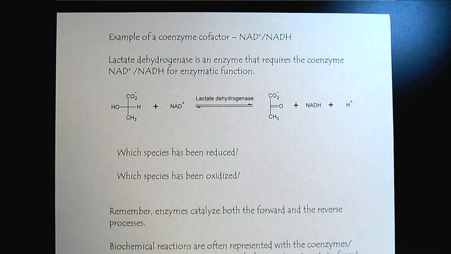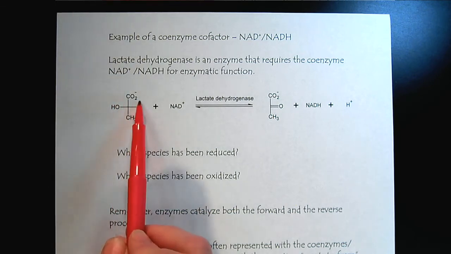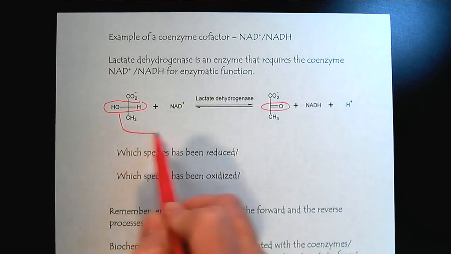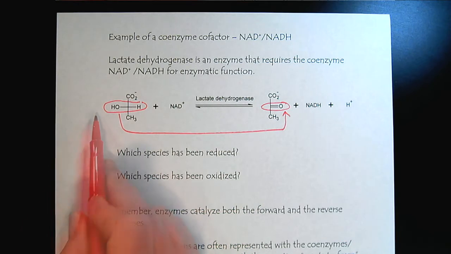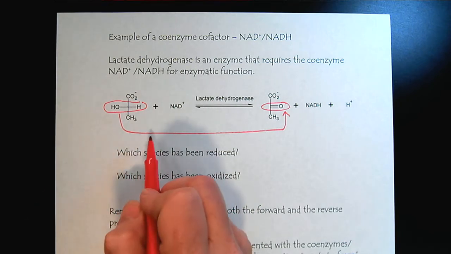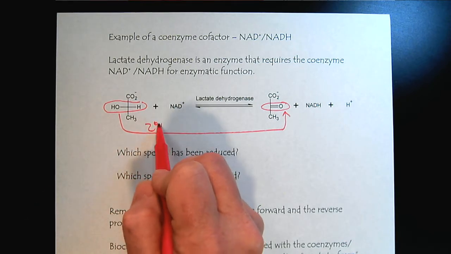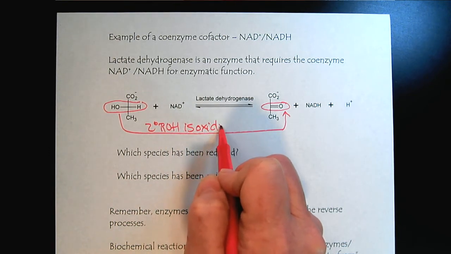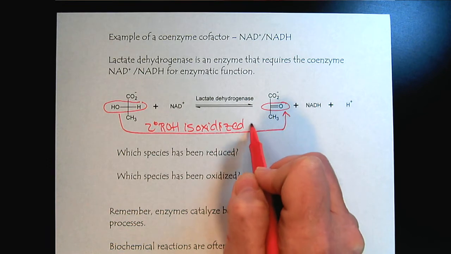And so if we look here, we look for a change, and we see that there's a change in this portion of the molecule. We see that our secondary alcohol is being oxidized, all right, to a ketone.